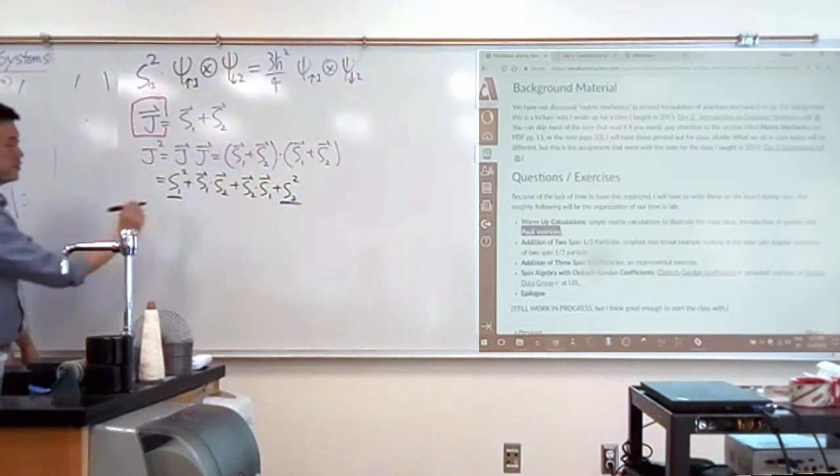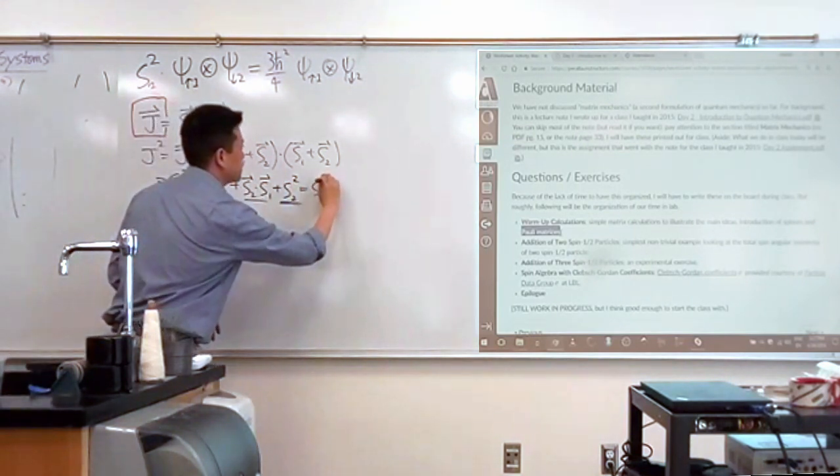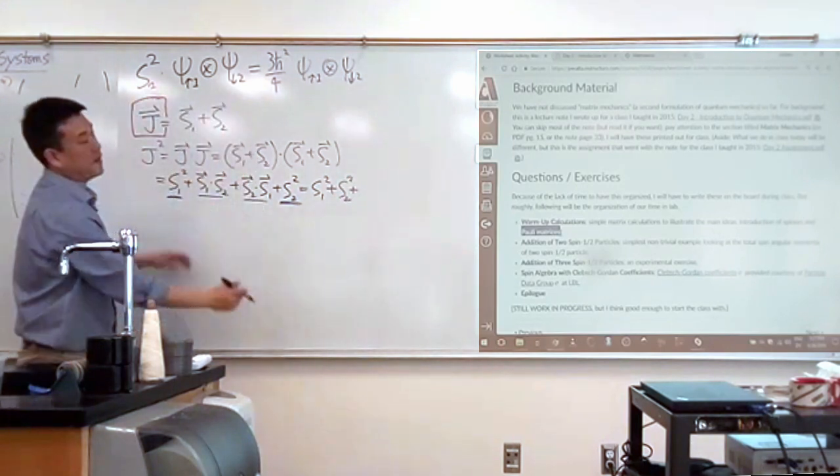The operators that I need to deal with are these. So let me just write it out. S1 squared plus S2 squared plus, and I'm just going to write these two out.